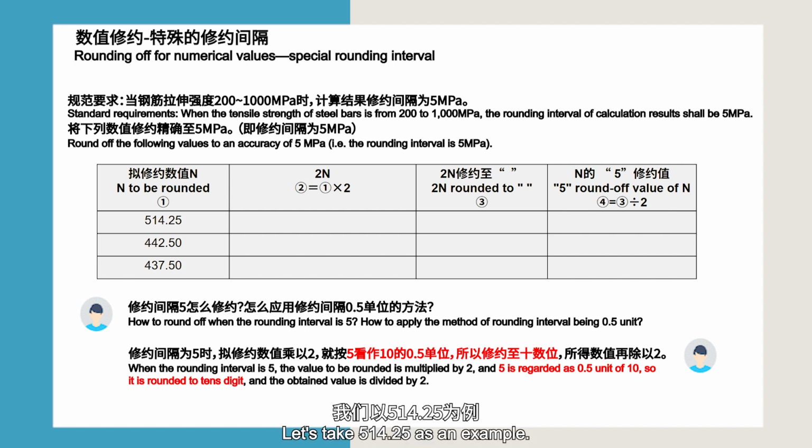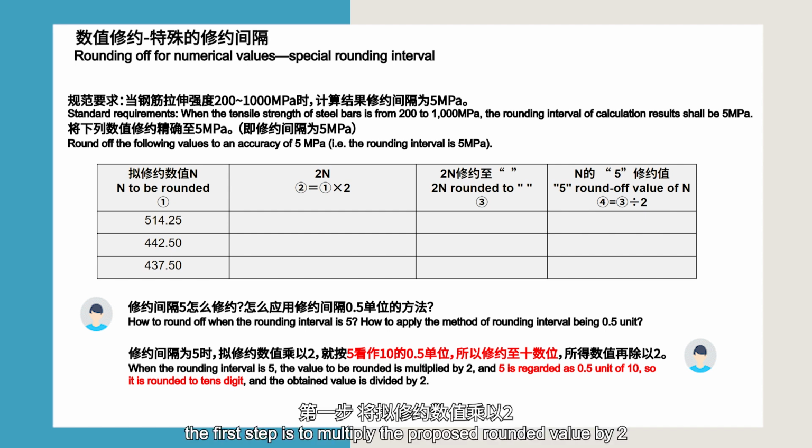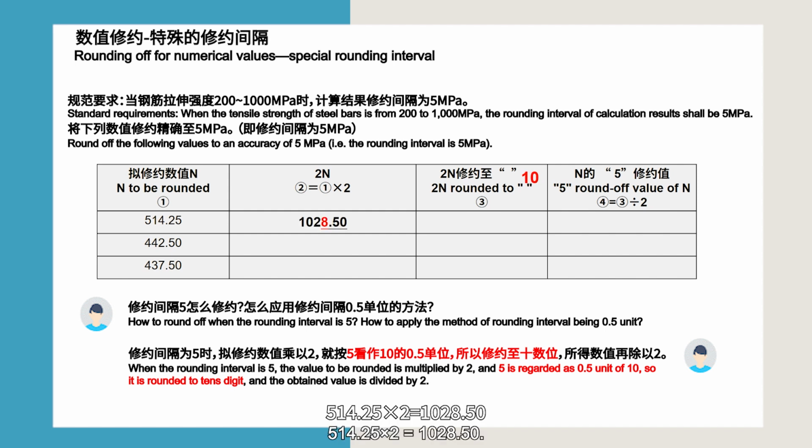Let's take 514.25 as an example. Similarly, according to the three-step process, the first step is to multiply the proposed rounded value by 2. 514.25 times 2 equals 1028.50.